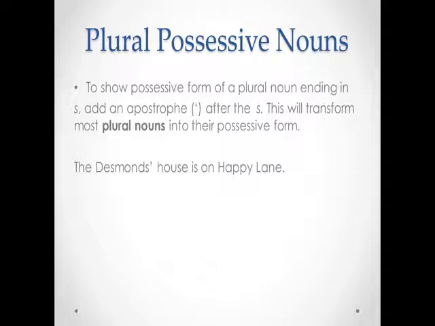The Desmonds have a house, the Desmonds have a car, the Desmonds have children. So if you're showing possession of those things, you're going to put the apostrophe after the S because it's already written in plural form. So you just simply add that apostrophe after.